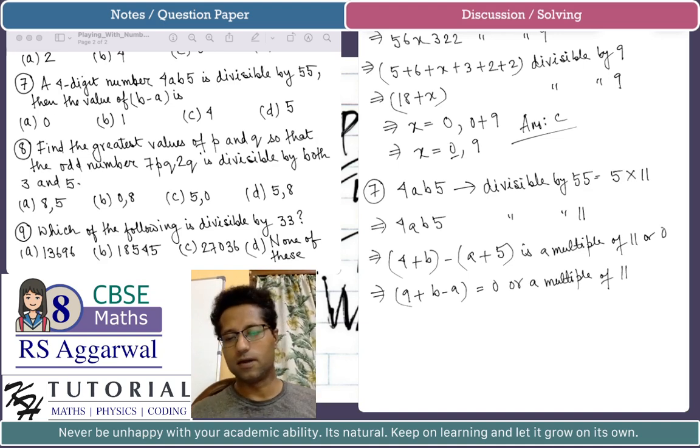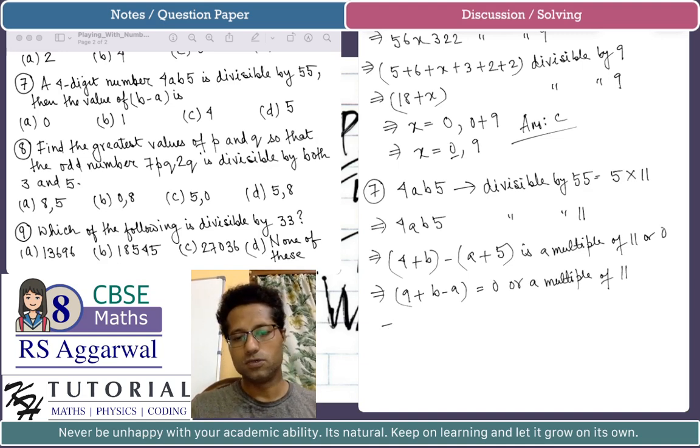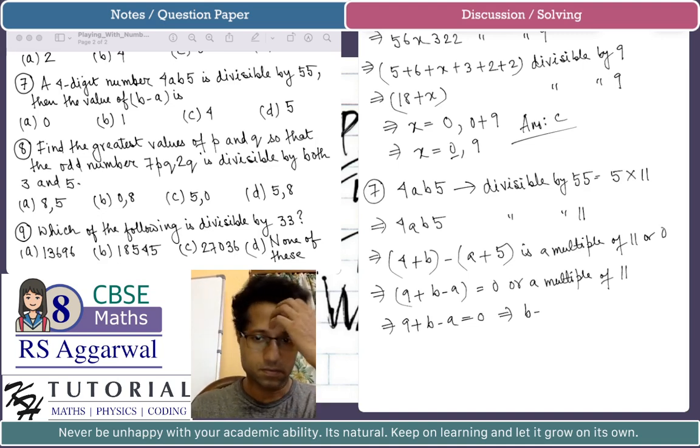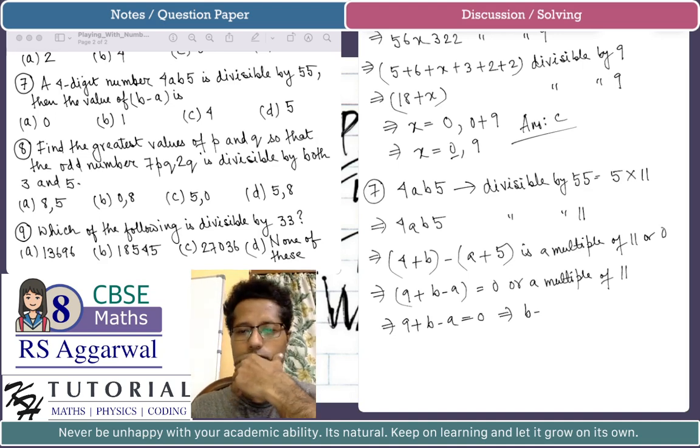So the other thing is that 9 plus B minus A can be equal to 0. So this means that 9 plus B minus A is equal to 0. This implies B minus A... oh sorry, I did something wrong.